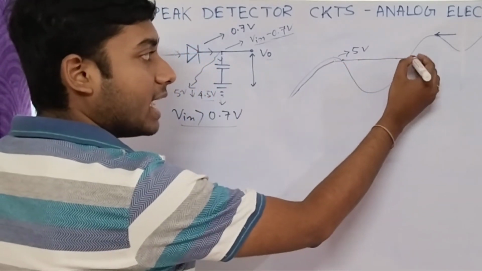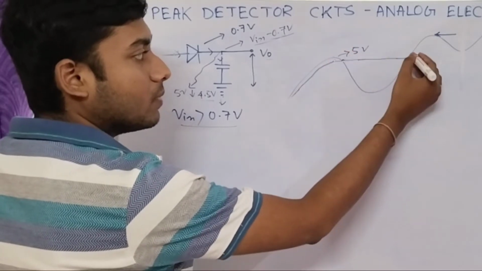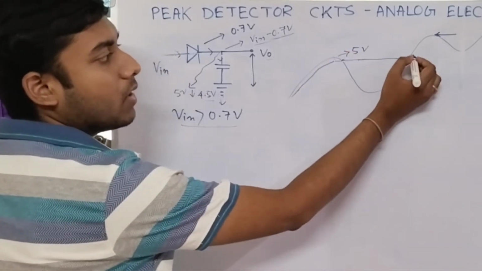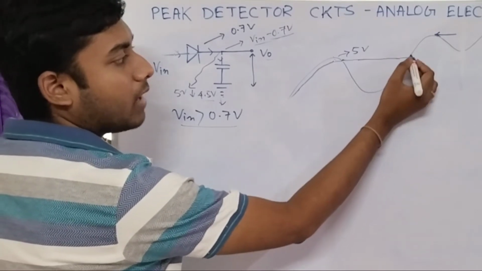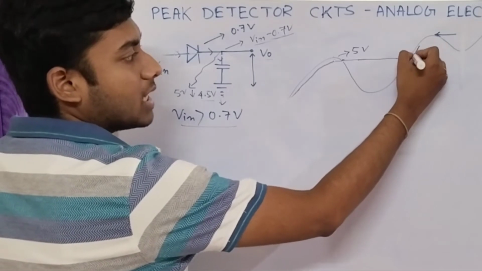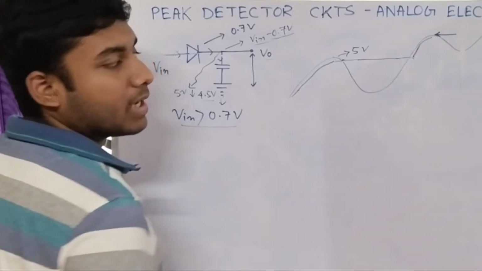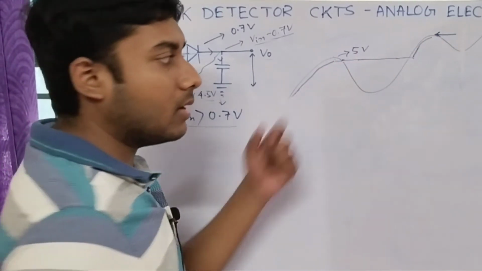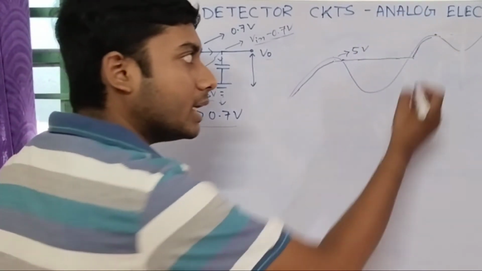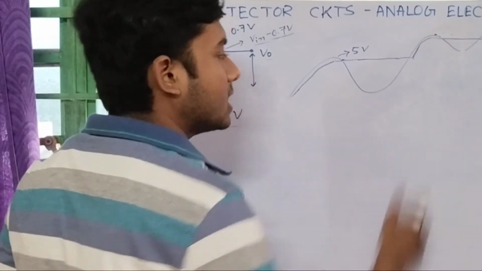Whenever the voltage rises again from this 5 volt, it starts to charge to the next peak, and the process repeats. Whenever the V input goes downward, it again stores the charge.